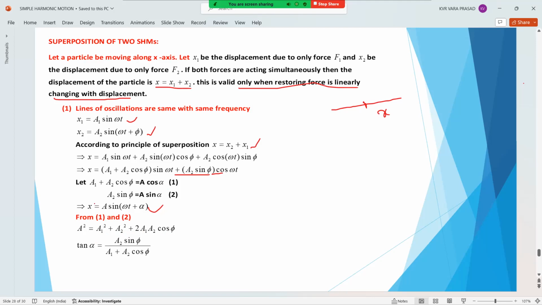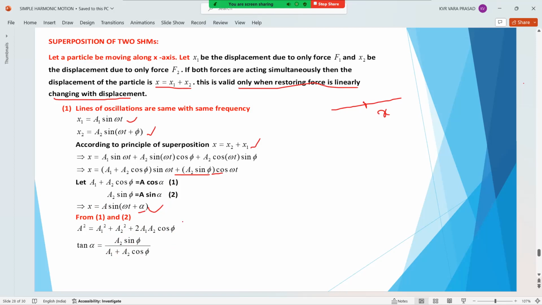And if you want to find the value of alpha, we can take equation 2 by equation 1. That gives tan alpha equal to A2 sin phi by A1 plus A2 cos phi.